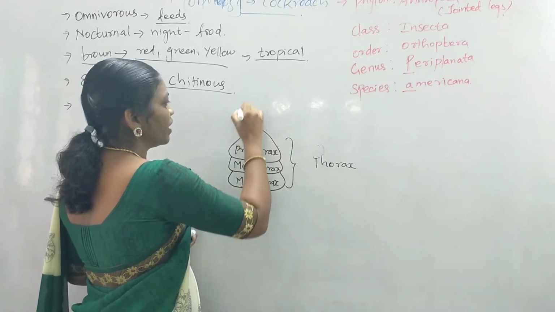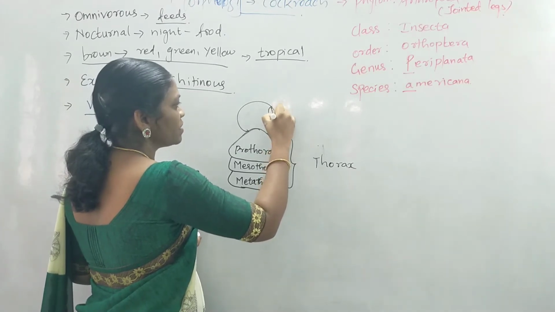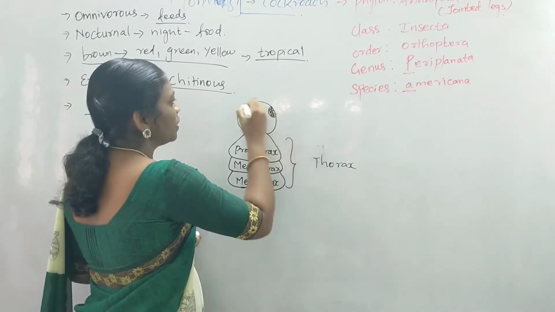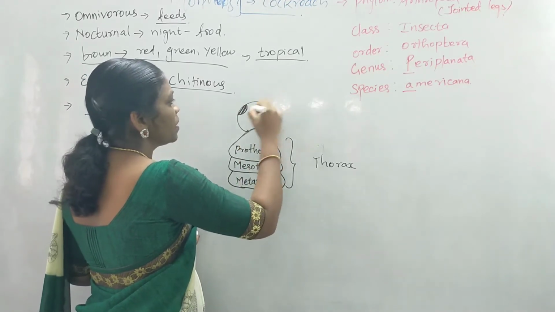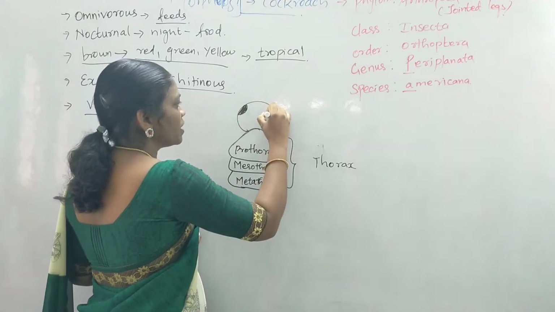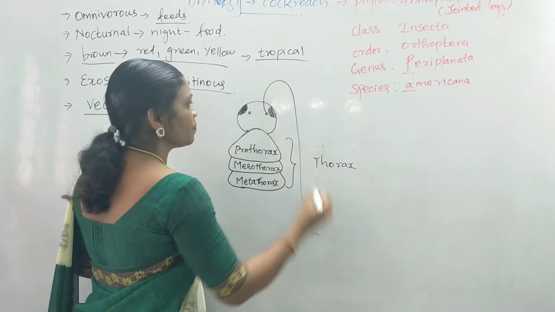On top of this, you can find the head region of the organism, which bears compound eyes on the lateral side. You can find a pair of antennae arising from a socket-like structure next to the eyes.